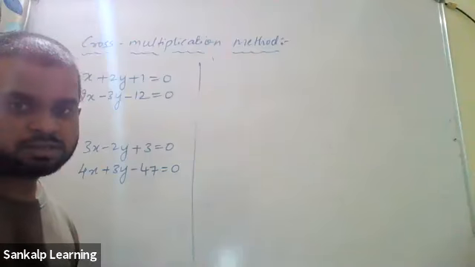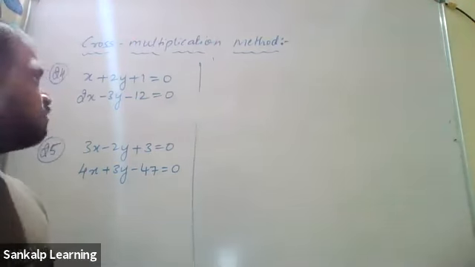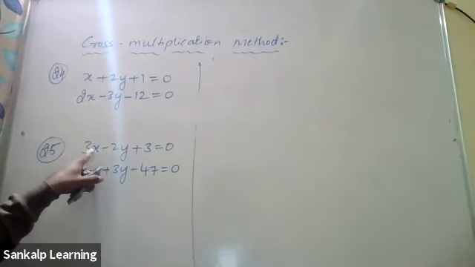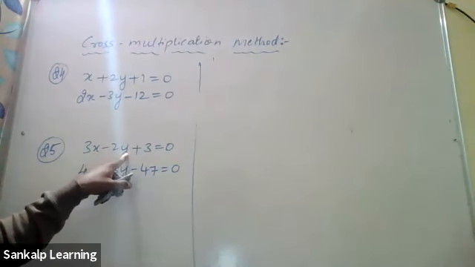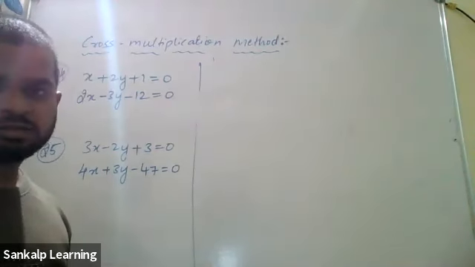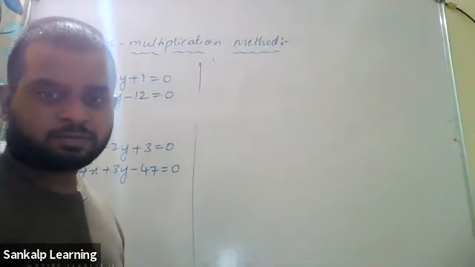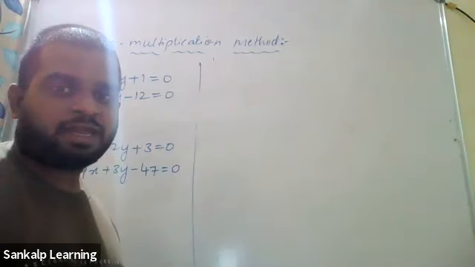Madhura, I don't think it's correct. Just check it out. Charan has got 5 and 9. You can check it out by substituting here itself. 5 3s are 15. 9 2s are 18. 15 minus 18 is minus 3. Minus 3 plus 3 is 0. Yes, very good, Charan. It's correct. Excellent, Charan. You have to be very careful.